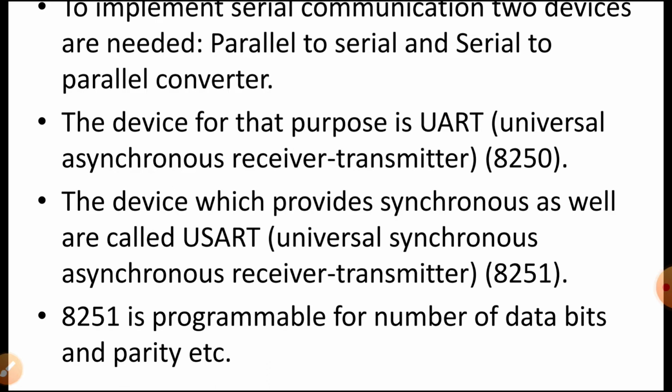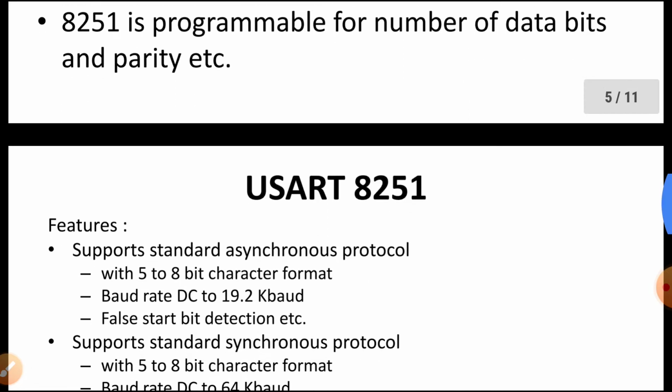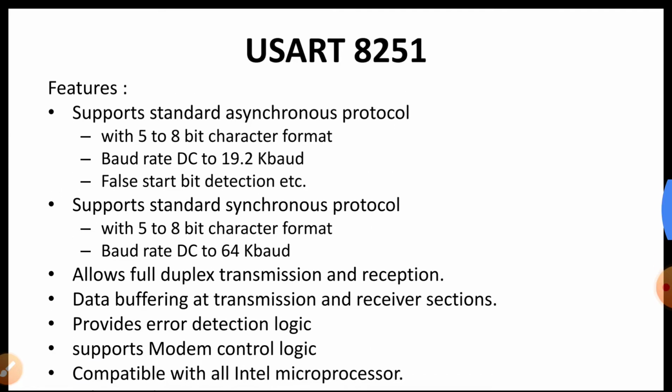Both schemes are possible, and the name of the chip is 8251. It is a programmable device depending upon how much data has to be transferred as well as the parity bits. USART 8251 will be used for transferring the data from parallel to serial and serial to parallel. Both things are possible in case of USART.